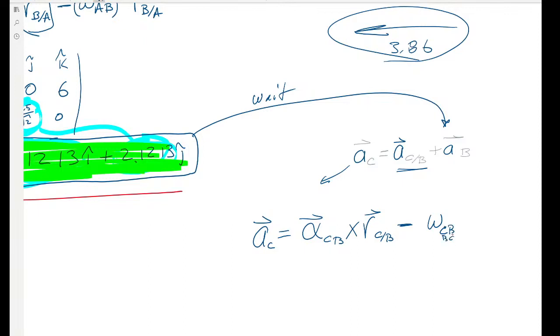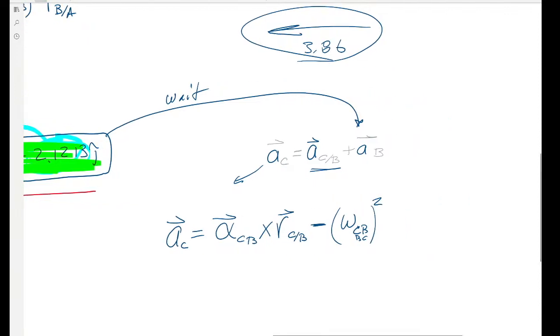I'll do it this way. Some authors will do CB, BC. It doesn't matter. The link is between those two, so these can be interchanged. R_CB plus, don't forget your acceleration of B, which I'm carrying along for the ride right now.